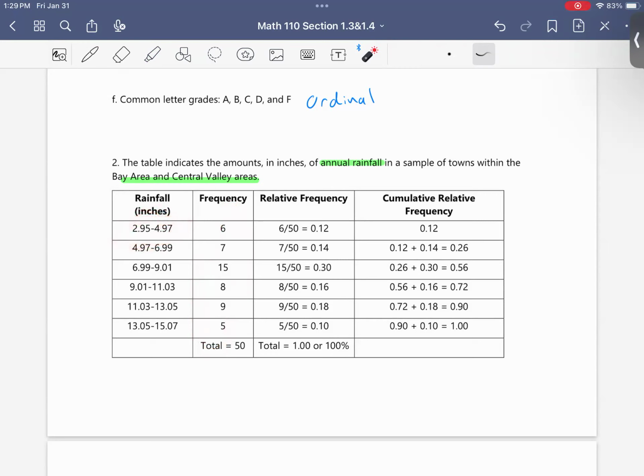So we have about 6 towns that fall between 2.95 and 4.97 average rainfall. And we get the relative frequency since we are out of 50 towns, and we get the cumulative frequency given to us. So we're going to use this information to answer a couple questions.